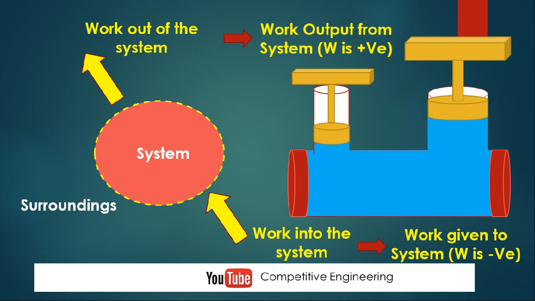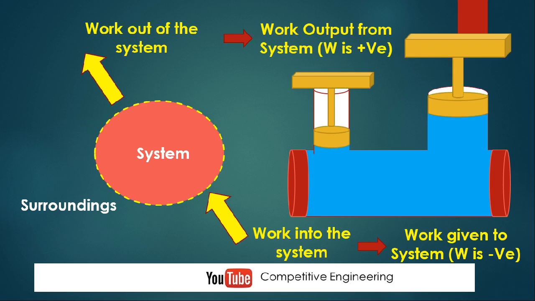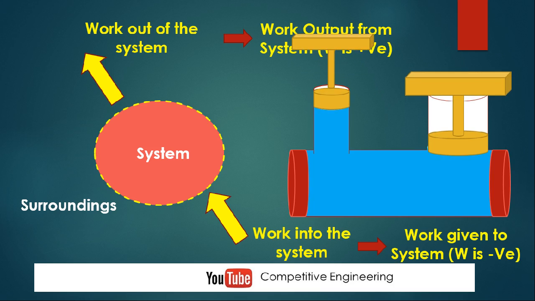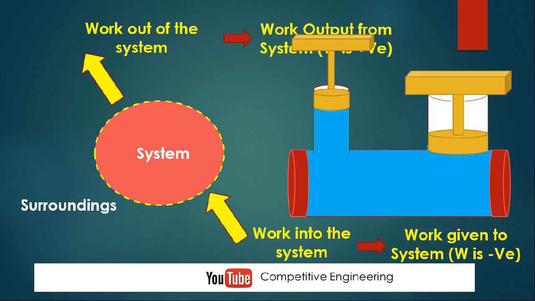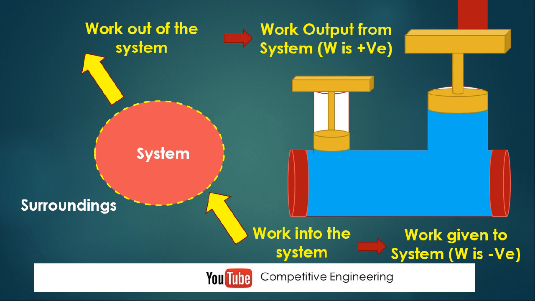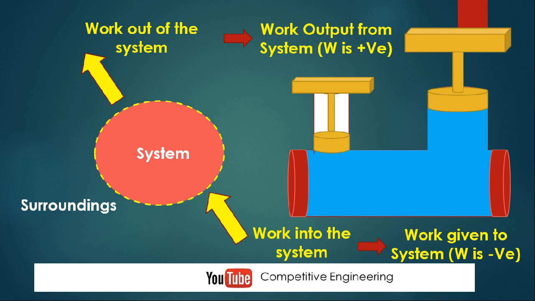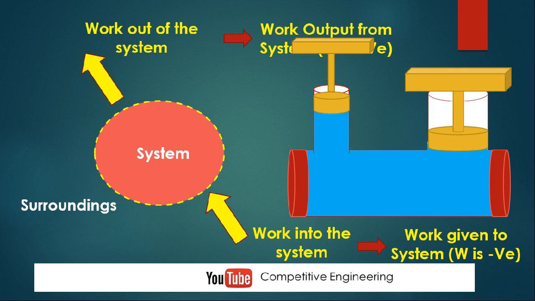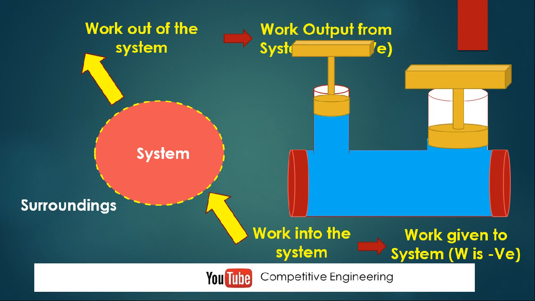Means the system is doing some work on the right side. On the left side I am applying some force, so I am doing work into the system, I am supplying work. At the same time, on the right side of the system, because of fluid pressure, the body is getting lifted, so the work output we are getting is on the right side.